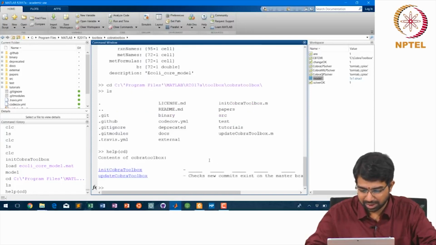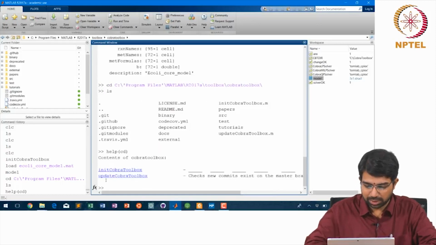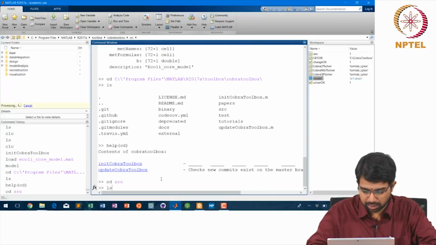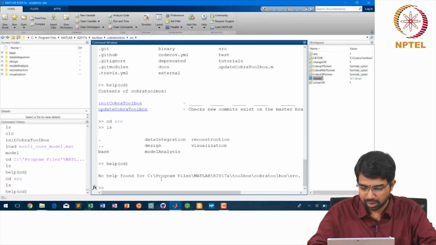So, init, which happens to have no documentation, and updateCobraToolbox. So, let us go inside of source. All these are available in your path, by the way, and if you put help cd here you will get nothing because there are no M files out here.